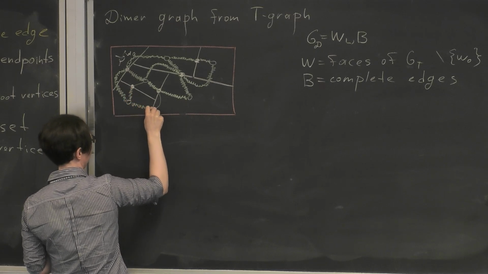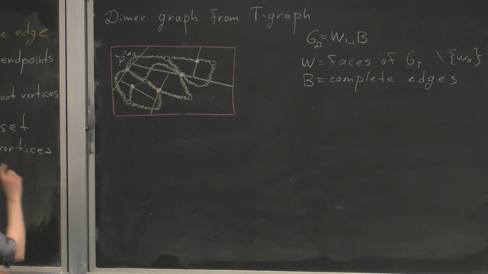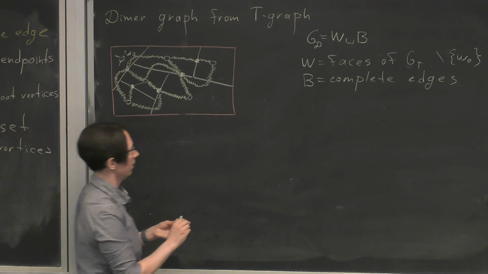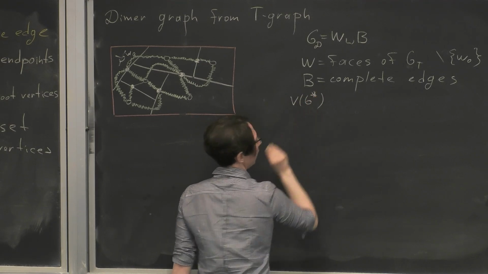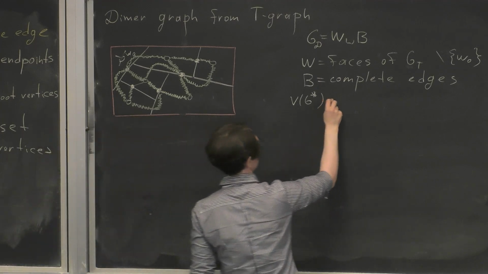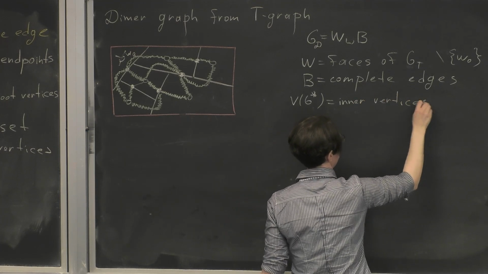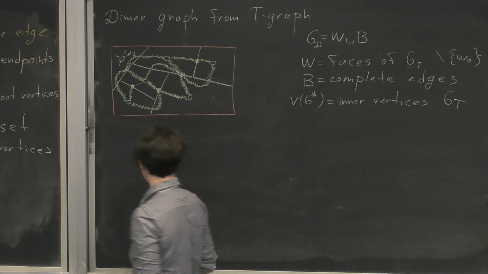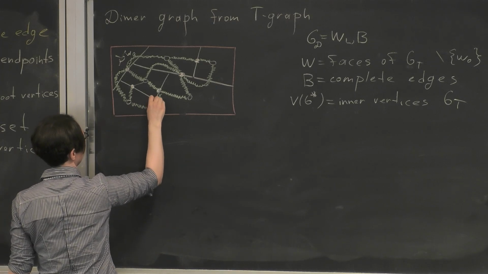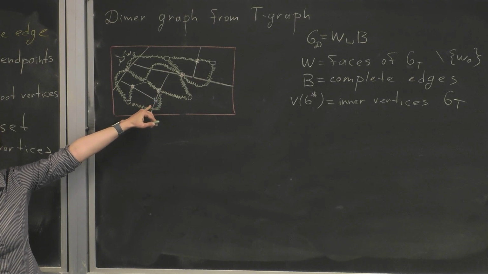Now it should be well visible. The way I draw edges is to emphasize that the vertices of the dual graph correspond to the inner vertices of the T-graph. So each vertex of the T-graph corresponds to a face of the bipartite graph.